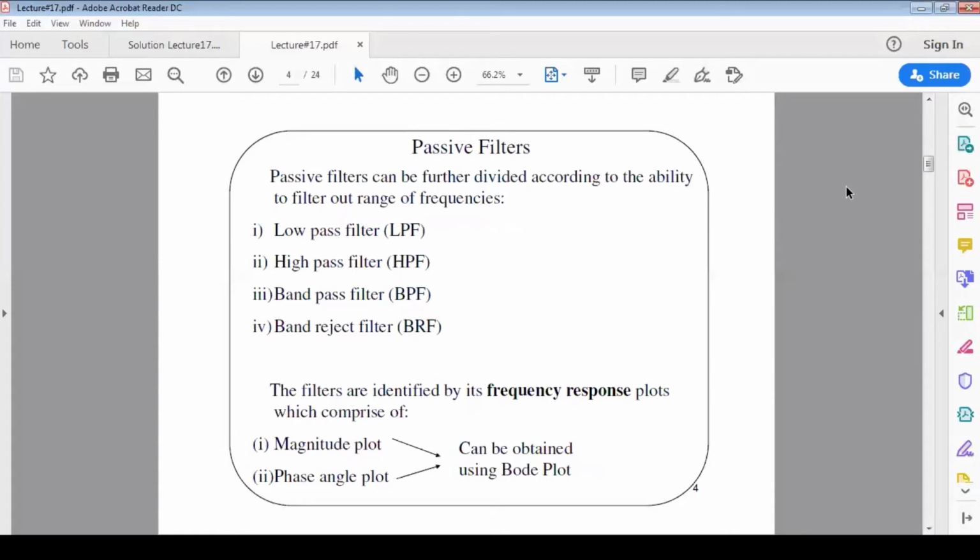Okay, so in our case, we are going to cover only the low pass filter and the high pass filter, because these filters are the first order type. We can find the first order type in the low pass and high pass filters. Okay, for the band pass filters and band reject filters, the minimum order that they can have is second order.